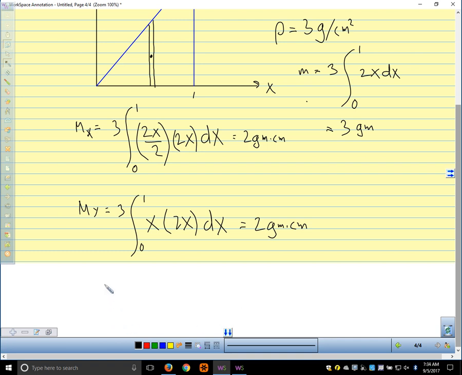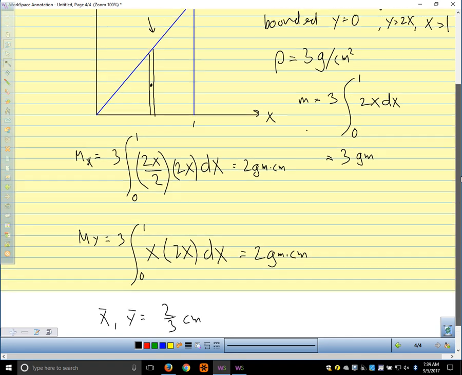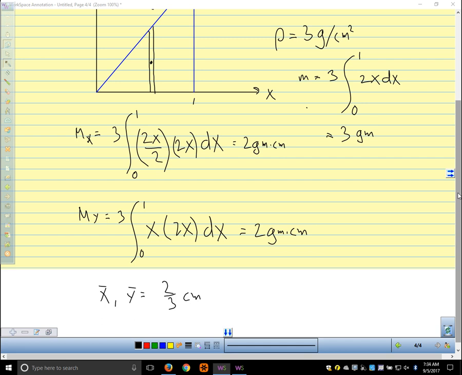And x bar, comma y bar is 2/3. And if we remember from geometry, the centroid in the triangle is located 2/3 of the distance from the midpoint of the side to the opposite vertex.